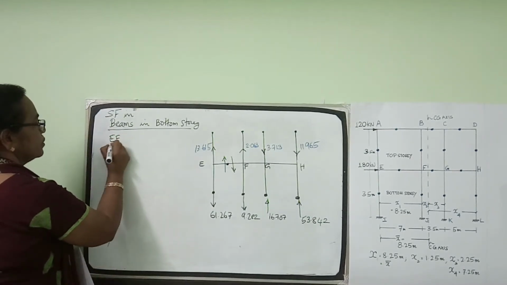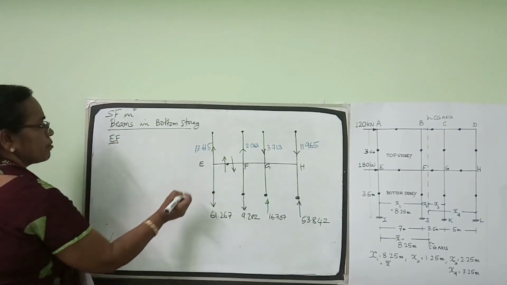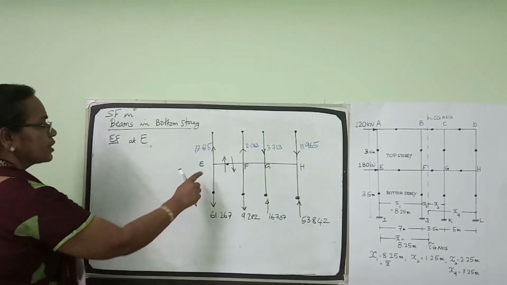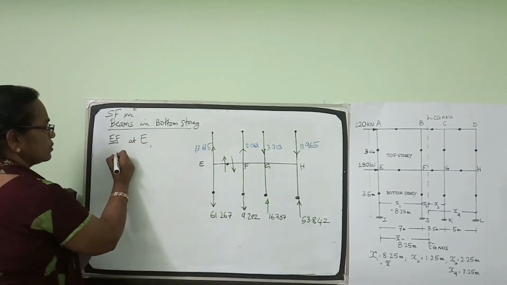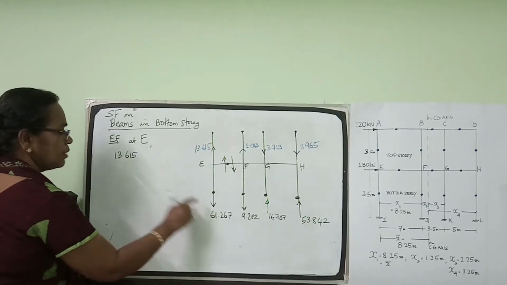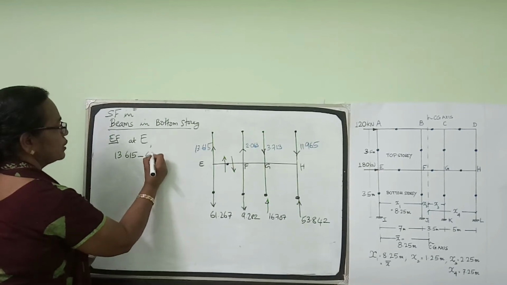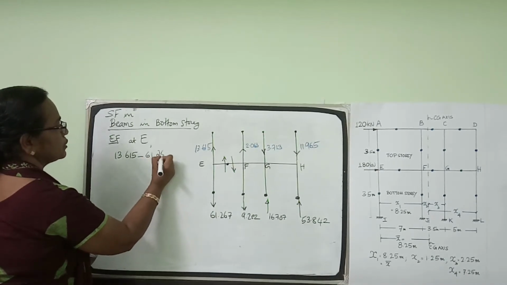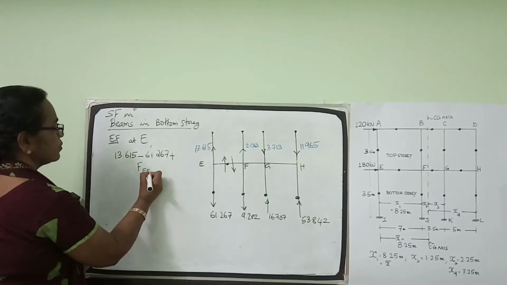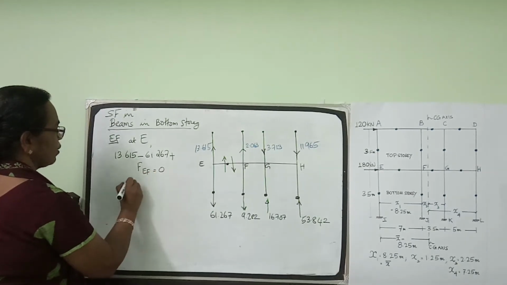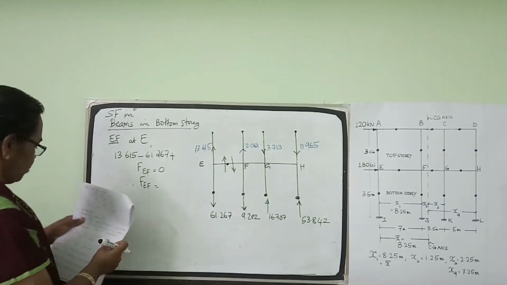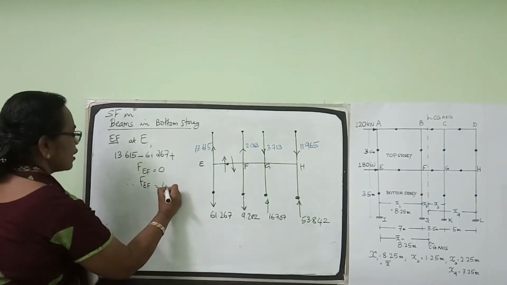Beam EF. Consider equilibrium of joint E. We can write 13.615 acting upwards, 61.267 downwards, minus 61.267, plus the shear force in EF is equal to 0. From that we get the shear force in EF is equal to 47.652.